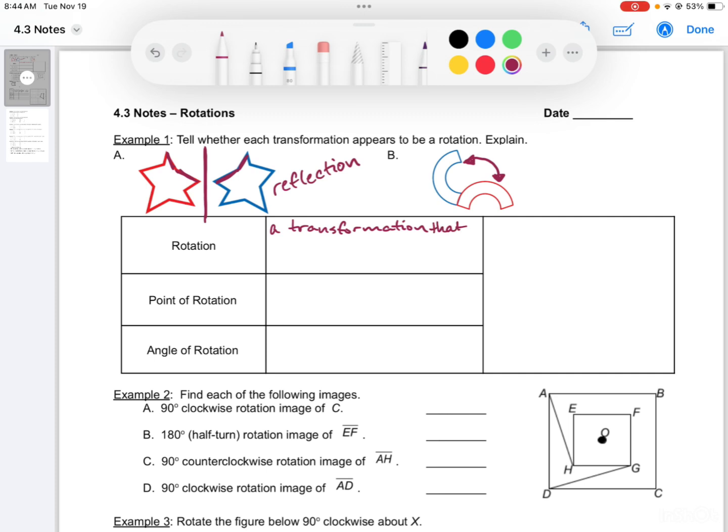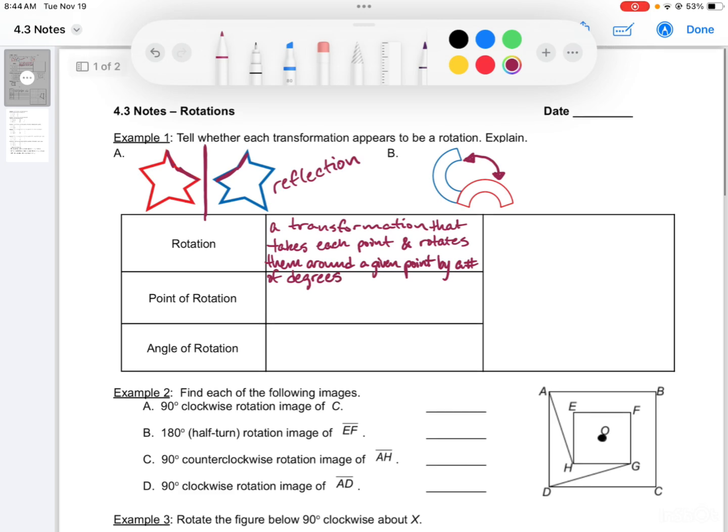What we're doing is we're taking each point, and what it does is it rotates them around a given point by a number of degrees.